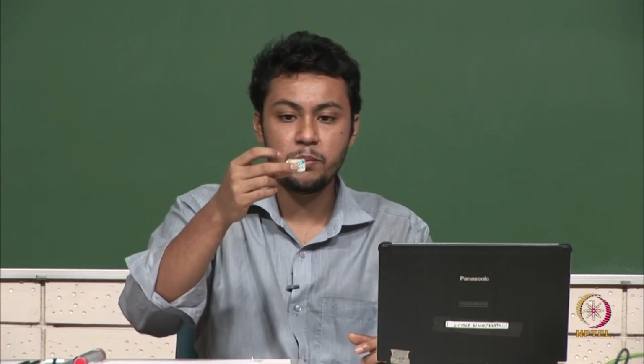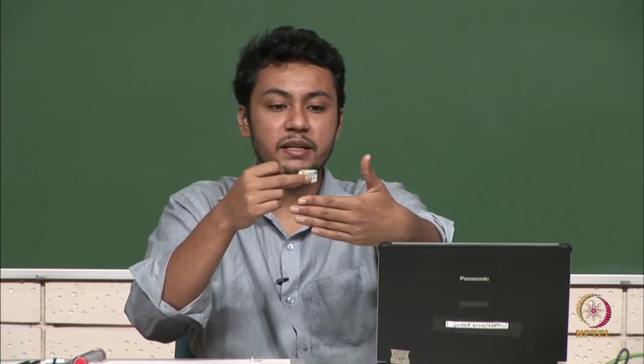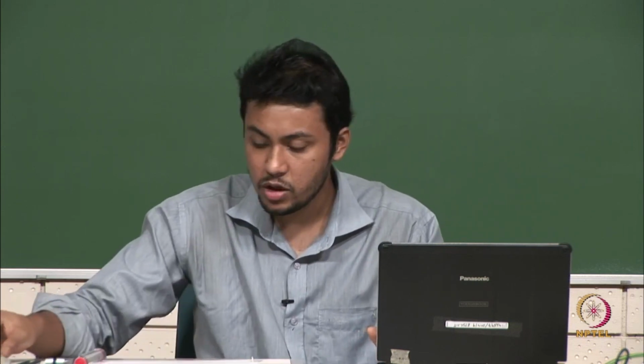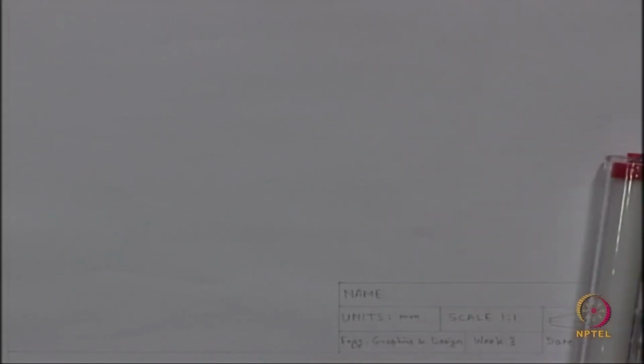So, the object is placed in between, the viewer is me in this case and the plane is here. So, definitely the object is in between the viewer and the plane, and it is placed in the first quadrant. So, we have to draw the first angle projection, not the third angle. It is not mentioned in this question, but just from reading the question you have to understand. So, we will draw the first angle view of question number 1, point C, line, face and the cube. Let us come to the drawing sheet again.